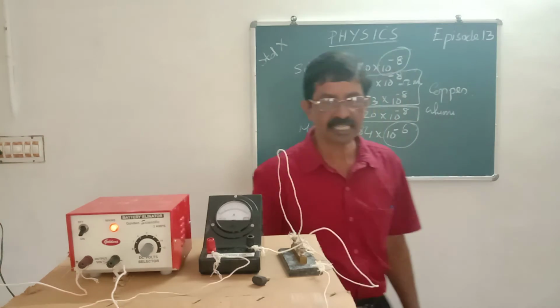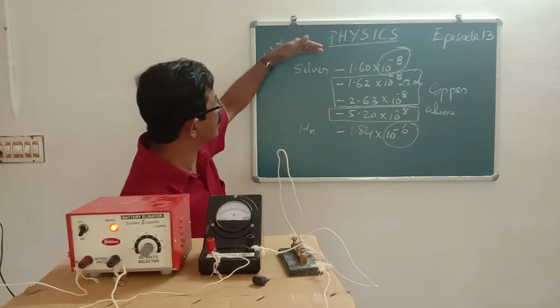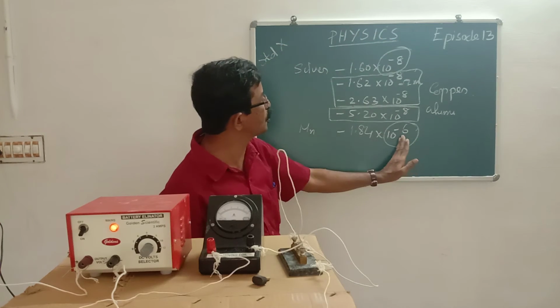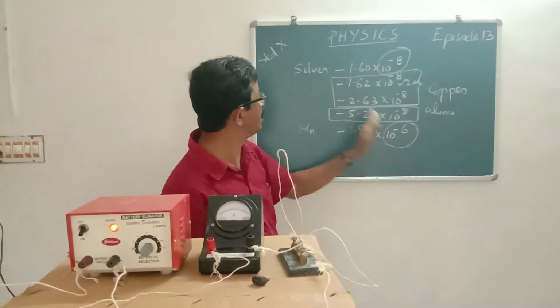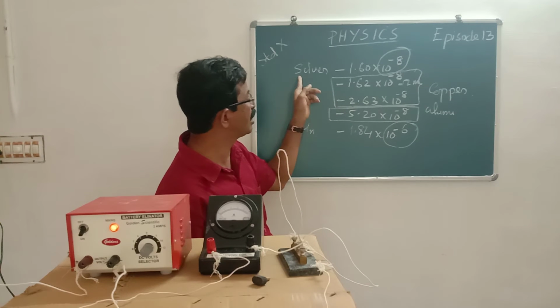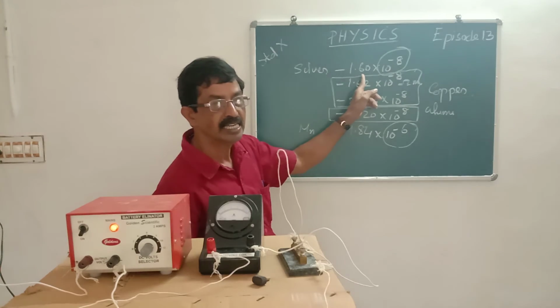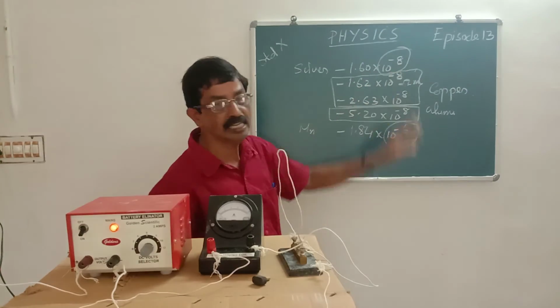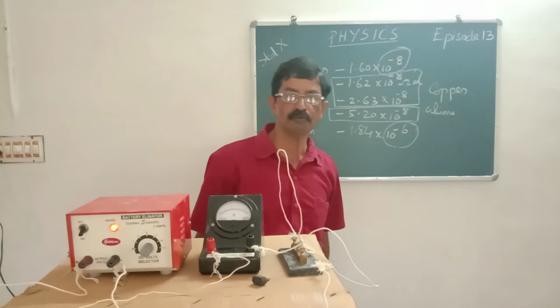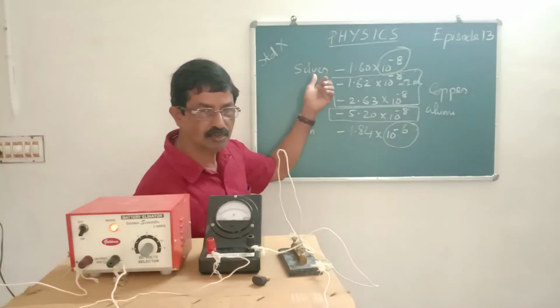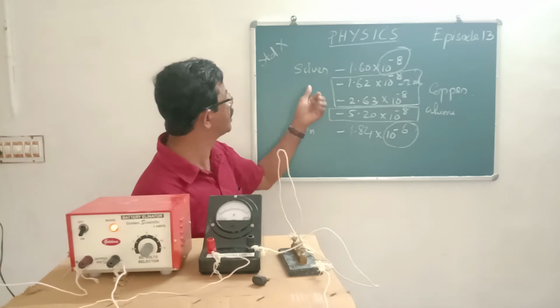Once again, see, resistivity of metals varies from 10 raised to minus 8 to 10 raised to minus 6. Some of the metals' resistivities are given, silver with the lowest resistivity. Conductivity means the reciprocal of resistivity.